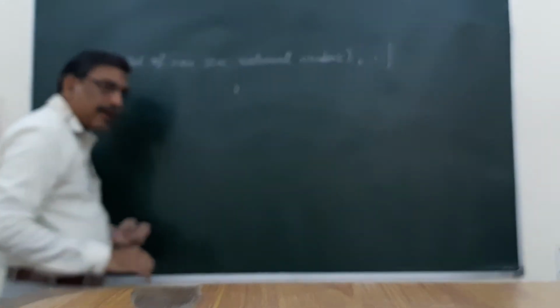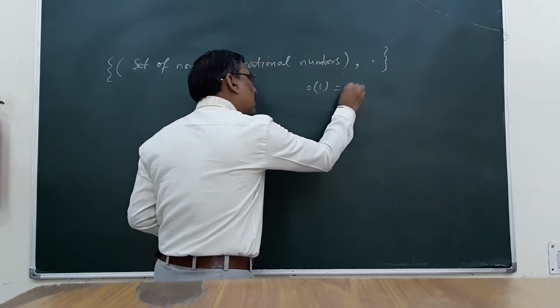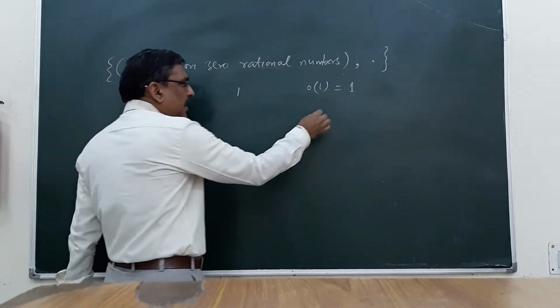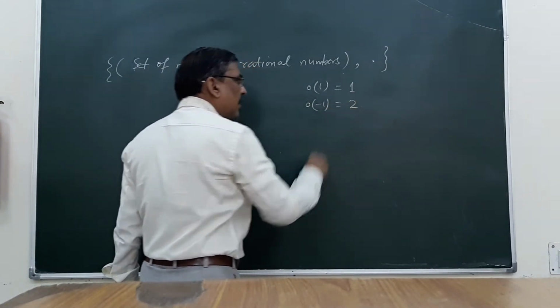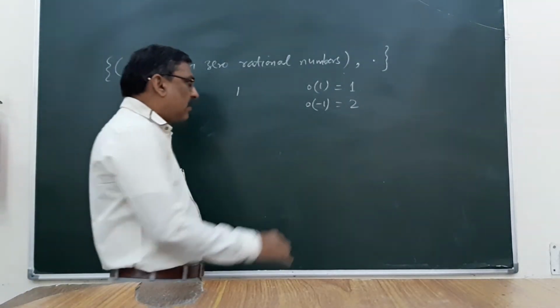The identity will be 1, and its order will be equal to 1, as it is the identity element. The other element, minus 1, has order 2. And all remaining elements have infinite order.